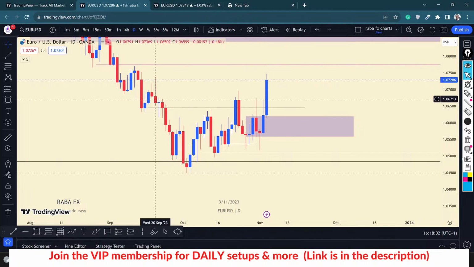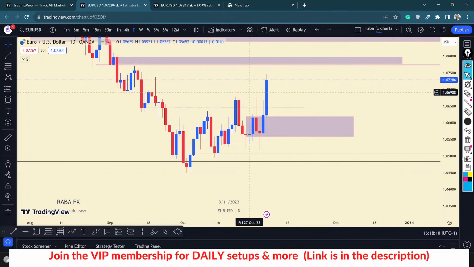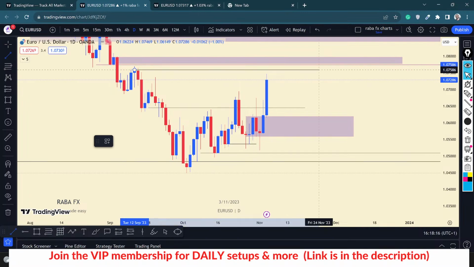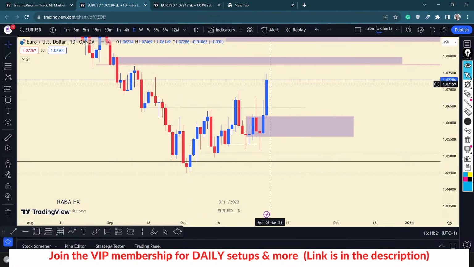Okay, so definitely, which areas are we looking at? This is the weekly level, so I prefer this area here. This is below the weekly, so it won't be that strong of a level to use for a resistance. So I will wait for price to come here. If it gives me my confirmation on the daily, I will sell to this level. Simple as that. So that concludes my analysis here.